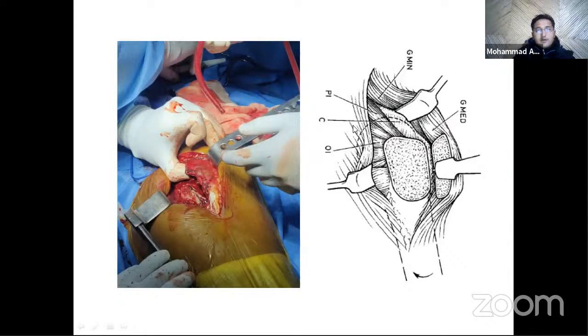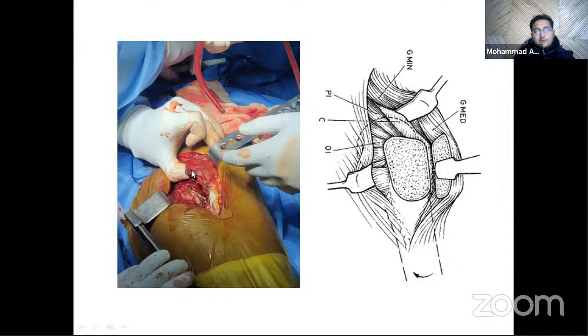We have to keep a cuff of gluteus medius, around 5 mm, intact, so the line just passes anterior to the posterior-most fibers of the gluteus medius here.